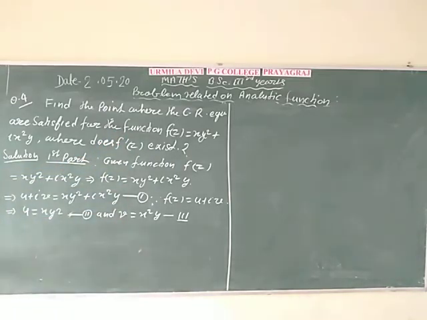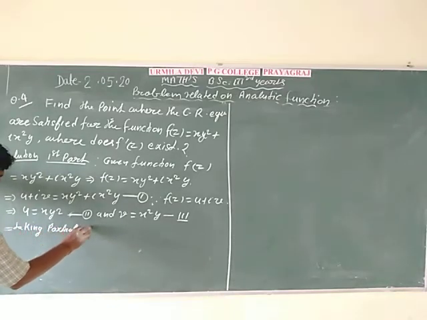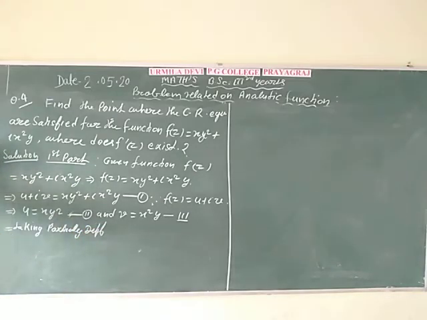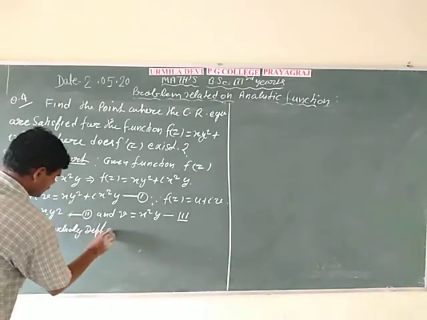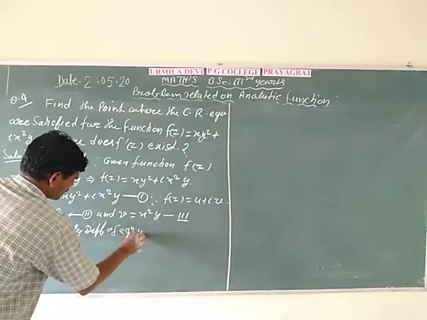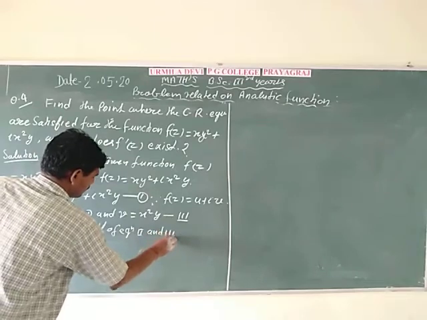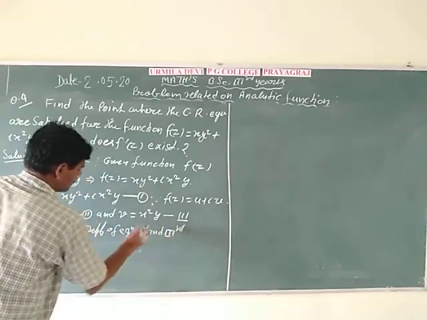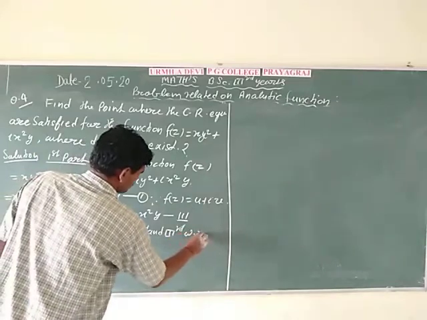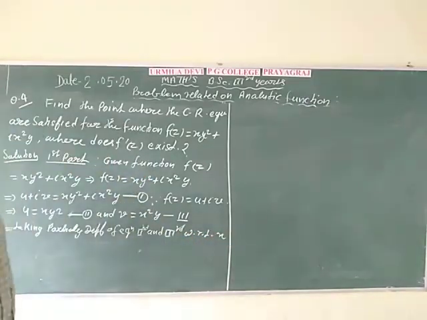For this, first calculate the values of ∂u/∂x, ∂v/∂x, ∂u/∂y and ∂v/∂y. That means taking the partial derivatives of equations 2 and 3 with respect to x.